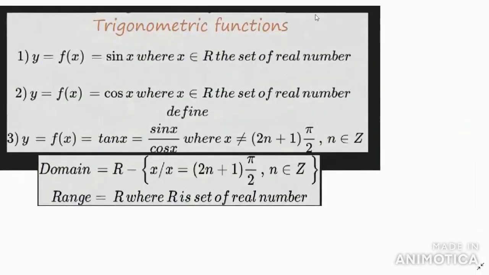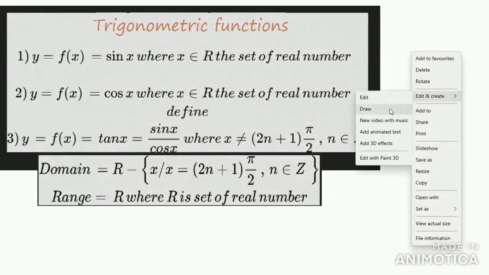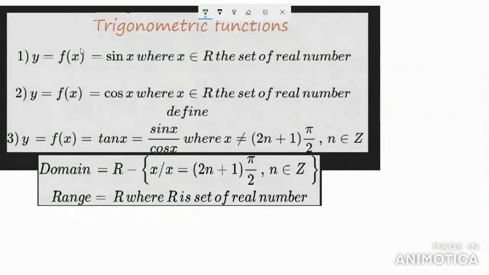Now, if you take f of x equal to sin x and g of x equal to cos x, this is one function f of x, and this is another function, let us take it as g of x equal to cos x.